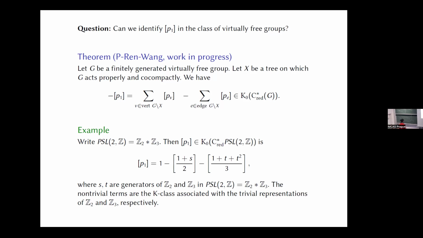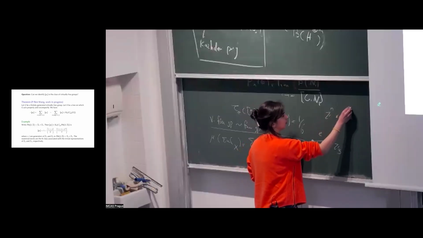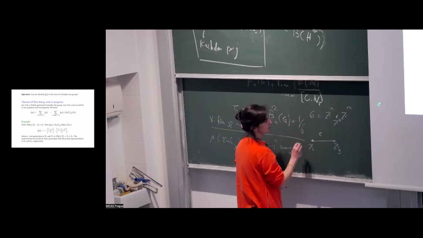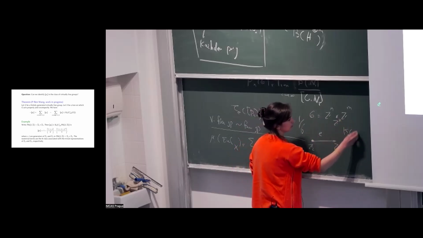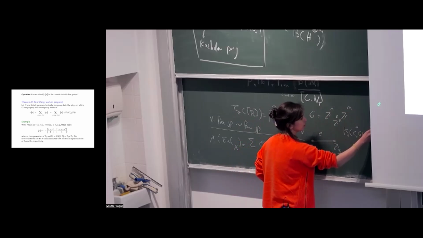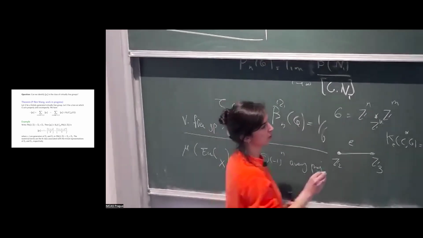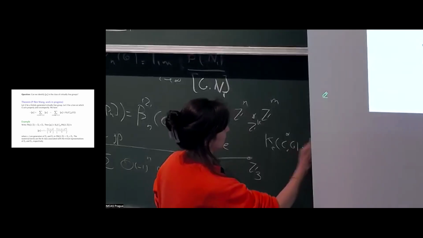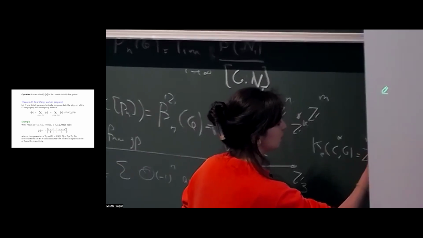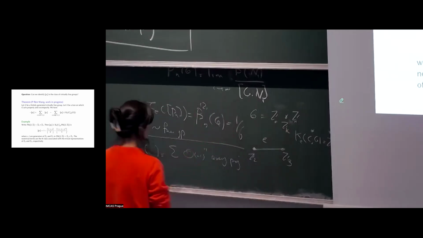So for a free product or an amalgamated free product, if this is our group, then the K-theory would be Z to the sum of these two numbers minus K minus 1. Yes, that was right: M plus N minus K minus 1.